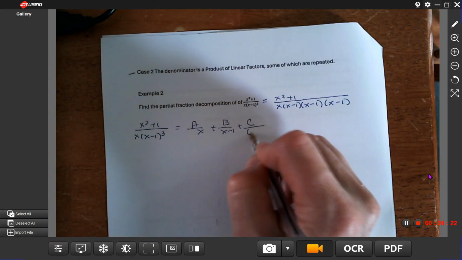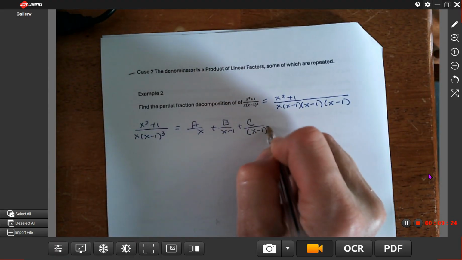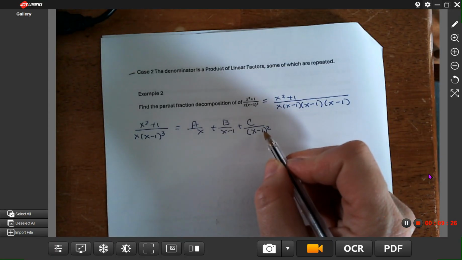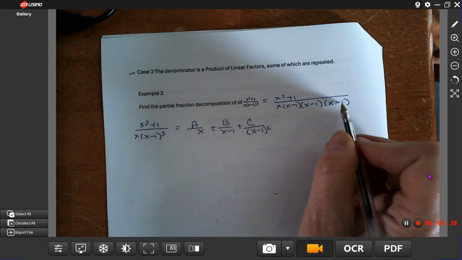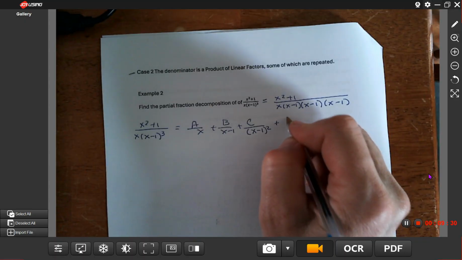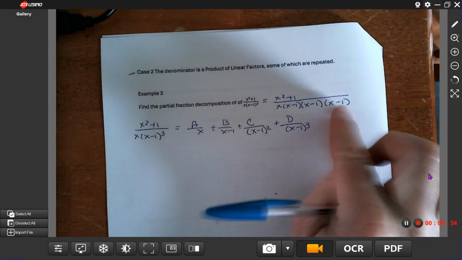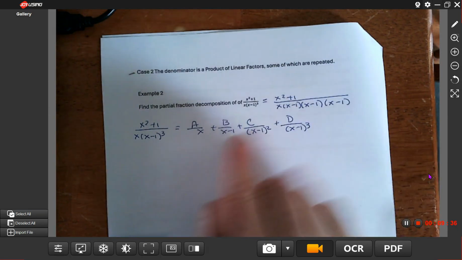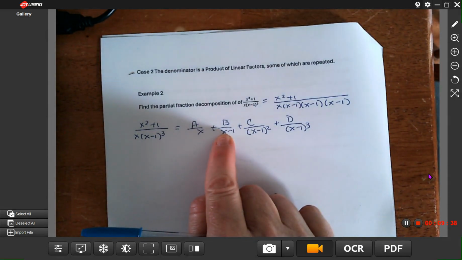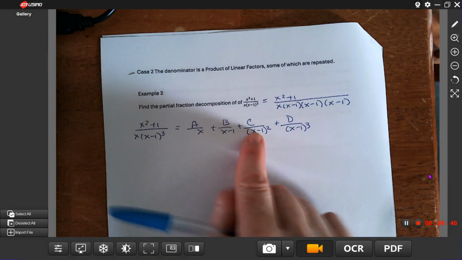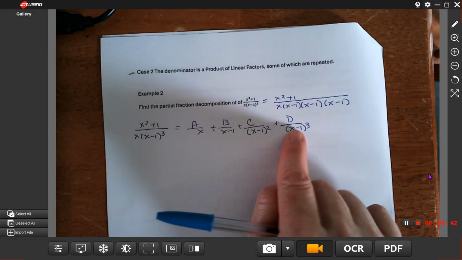But then our two other ones are going to be the product of the extra factors, if you will, and d times x minus 1 to the third. So there are 1, 2, 3 of them. So we have one term where the denominator has one of the factors, another where it has 2, and another where it has 3.